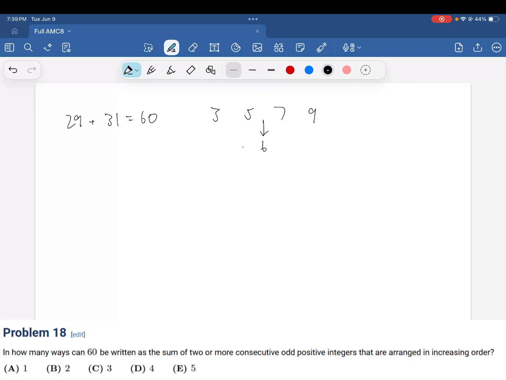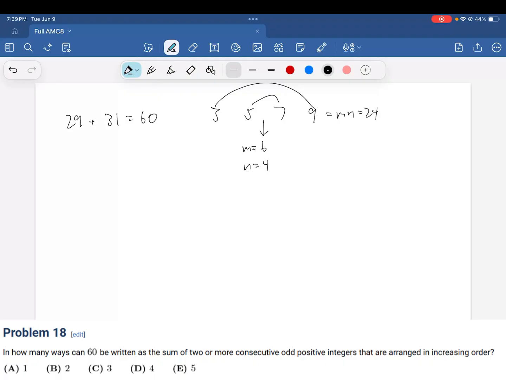Let's call the middle number m, times the number of numbers. Let's say it's n. So there's 4 numbers here, and we can pair these up. 3 plus 9 is 12. 5 plus 7 is also 12. So the sum of these is actually going to be m times n, which is 24.